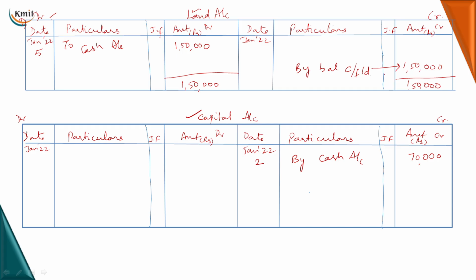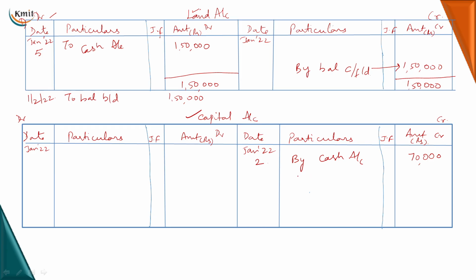So this is the closing balance of land account at the end of January month. So this becomes the opening balance for the 1st of February. So it will be to balance brought down 1,50,000.